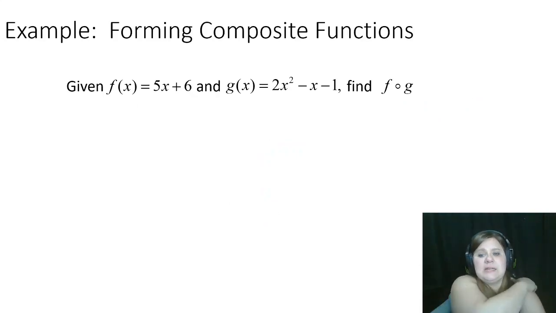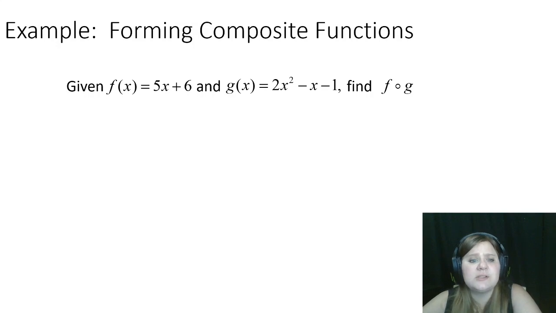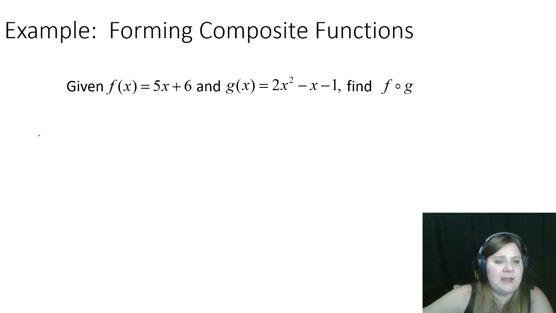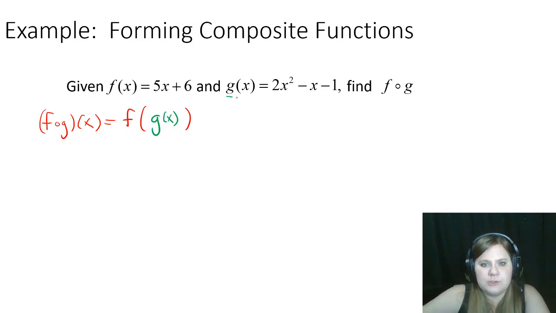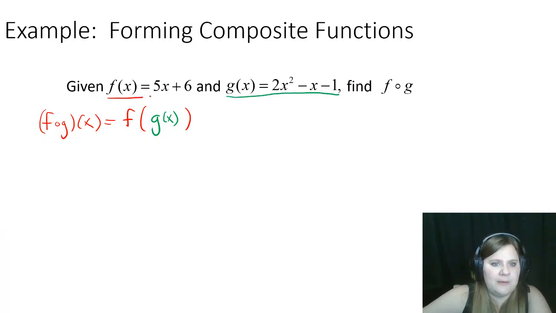So let's take a look at how to find a composite function. In this case, I want to find f of g of x, which is really saying f of g of x. So g of x is going to get plugged into f of x.